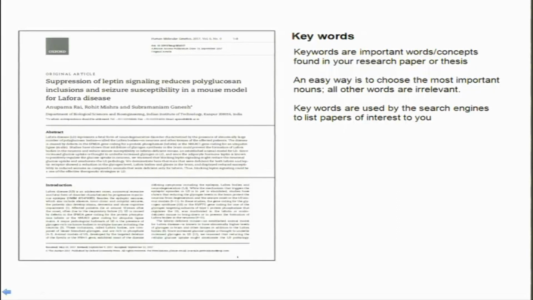It talks about the disease name, and that we worked on a mouse model, and that model has a particular phenotype or symptom, epilepsy, which in technical words is called seizures. In addition, they have certain abnormal inclusions called polyglucosan inclusions, and by suppressing a particular signaling pathway, you can get rid of these, right? So that's the message it conveys.